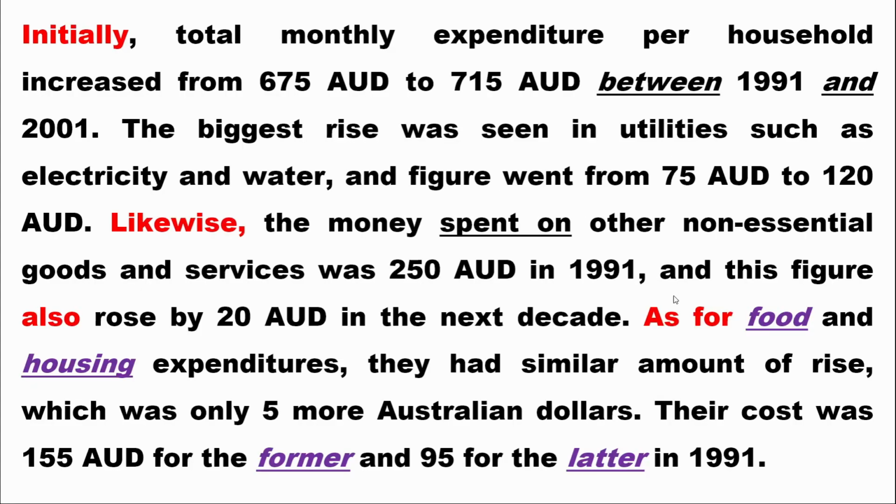So, now when we come to former and latter, the former means, now you are writing sentences, and in one sentence you are talking about two things, all right, as I do here. Now, food and housing expenditures. So the first thing you talk about here, instead of writing them again like food, housing, food, housing, instead of repetition, for the first one I use former, for the second one I use latter, okay, this is what I do.